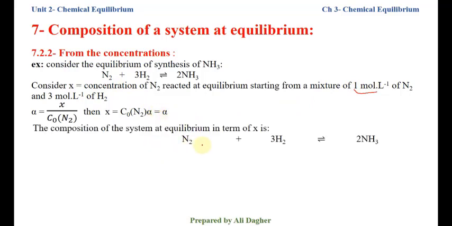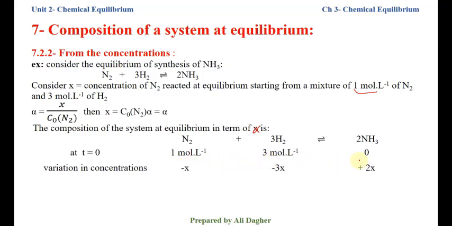The composition in terms of alpha for the reaction N2 + 3H2 gives 2NH3 at t equals 0: 1 mole per liter, 3 moles per liter, 0. Variation: minus X, minus 3X, plus 2X. We replace X by alpha: minus alpha, minus 3 alpha, plus 2 alpha. At equilibrium: 1 minus alpha, 3 minus 3 alpha, 0 plus 2 alpha.